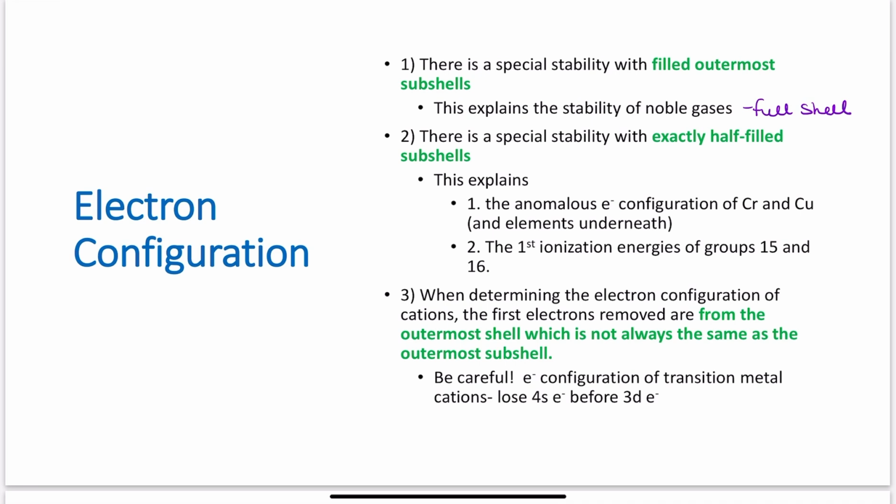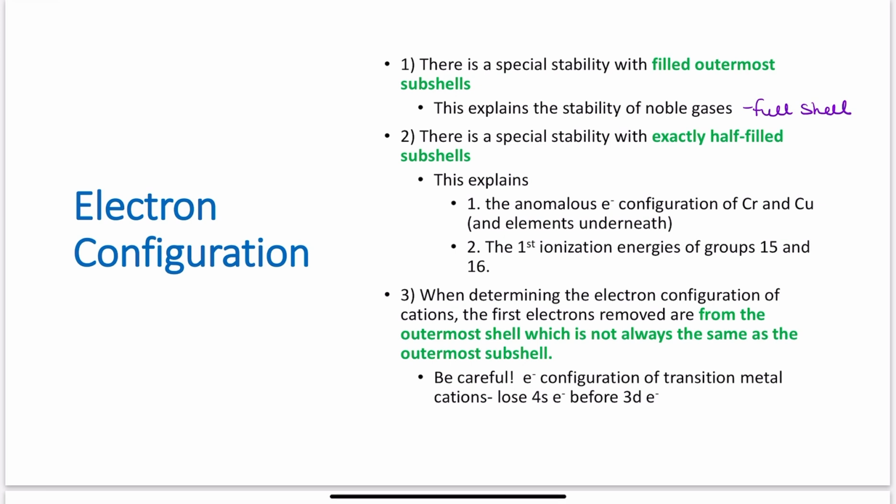And then the first ionization energies of groups 15 and 16. We will talk about ionization energies as well soon. Ionization energy is how much energy it takes to remove an electron from an atom or an ion. So when determining the electron configuration of cations, the first electron removed is from the outermost shell, which is not always the same as the outermost subshell.